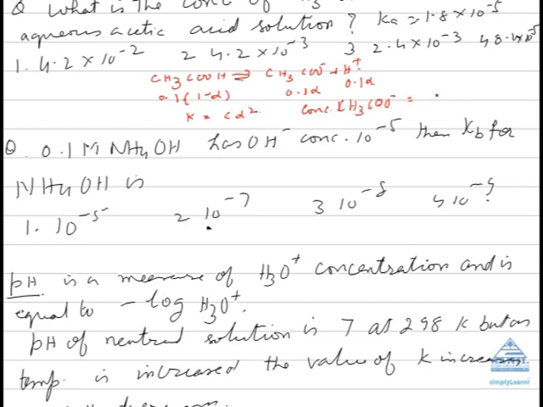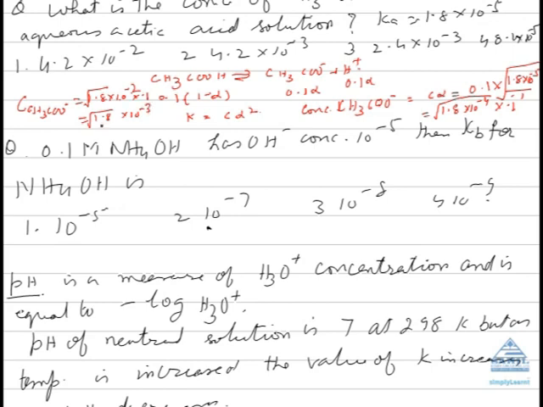The concentration of acetate ion is equal to C alpha, which is 0.1 into alpha. Now alpha is the root of K upon C, the root of 1.8 into 10 to the power minus 5 upon 0.1. It means it will be equal to the root of 1.8 into 10 to the power minus 4 into 0.1. You can solve this expression and find out the concentration of acetate ions. 1.8 under the root into 10 to the power minus 3.